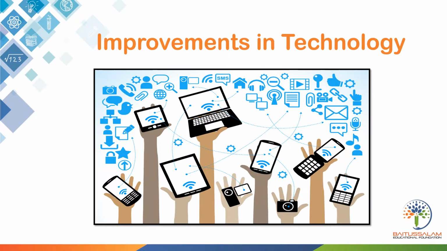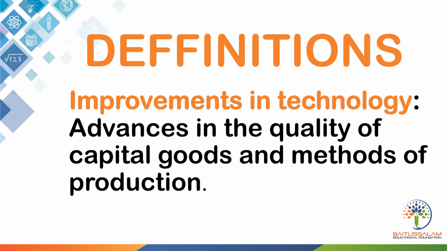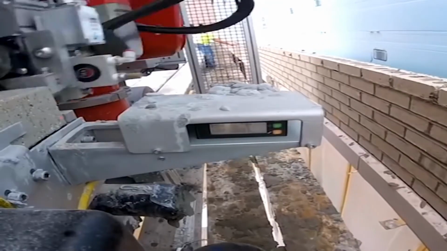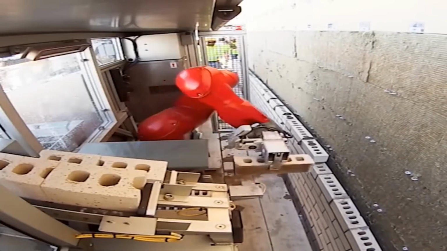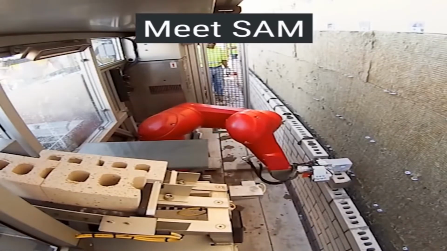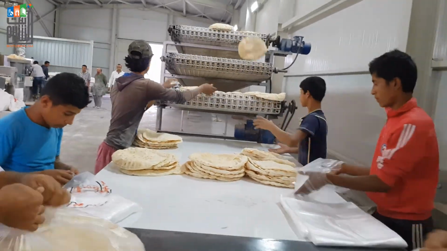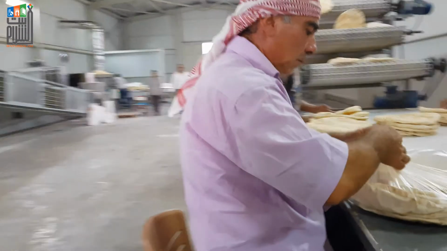Improvements in technology. Definitions. Improvements in technology: advances in the quality of capital goods and methods of production. This influence is closely related to the previous one, since improvements in technology raise the productivity of capital, reduce costs of production and result in an increase in supply.